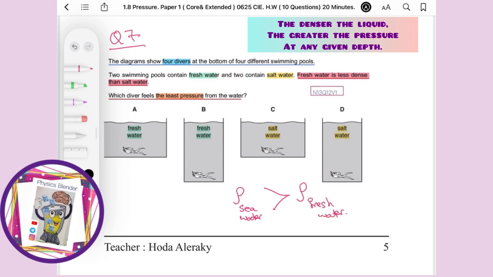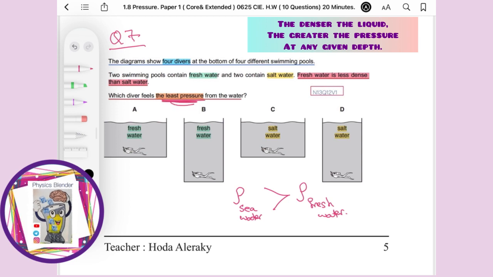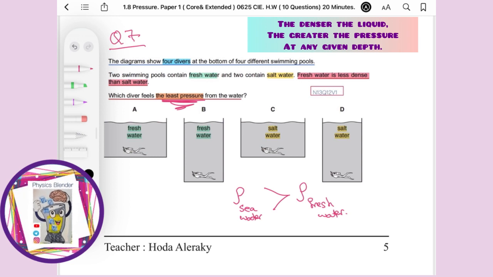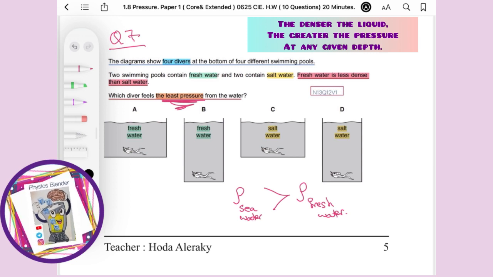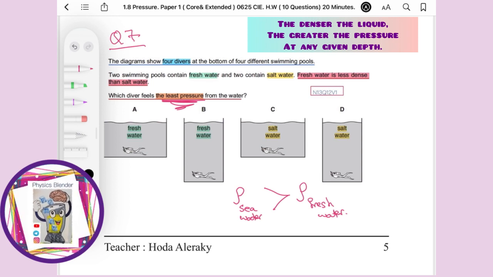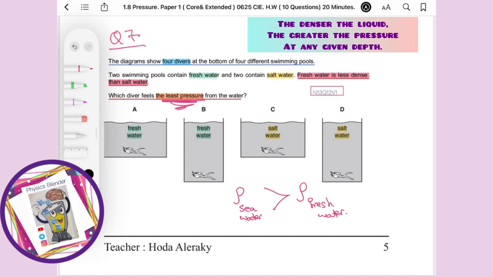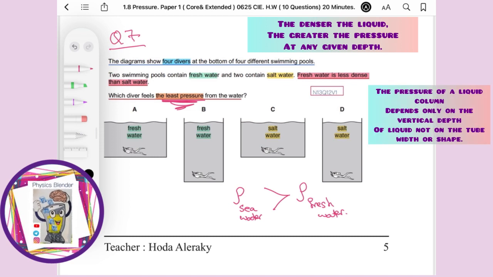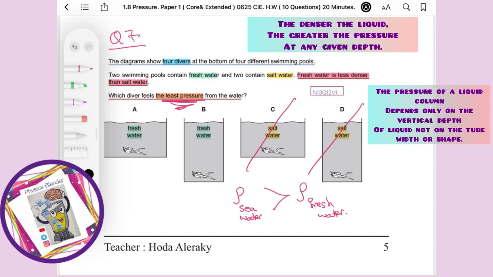This question is asking you about least pressure, and pressure of liquid depends on density of liquid. So for least pressure, you have to compare the cases where you have a swimming pool of fresh water because it is less dense. Okay, so you have to exclude C and D.